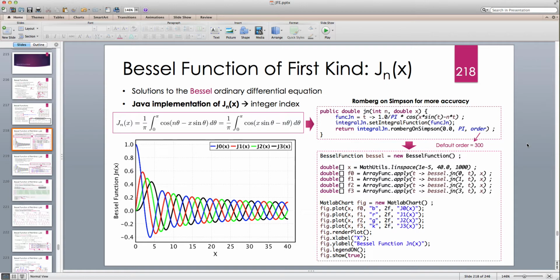Because remember, integration is just a summation, and in each sub-interval we pick a value or associate some sort of value to the function, or a combination of different values of the function gives us a single value for each interval. And then we sum them by multiplying those values with delta x, right? And all these methods, I'm not using a quadrature method here, I'm just using a simple uniform partitioning.